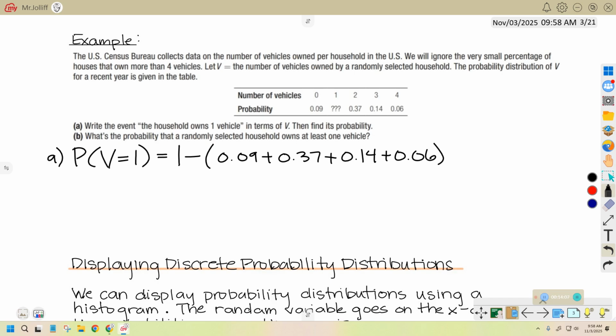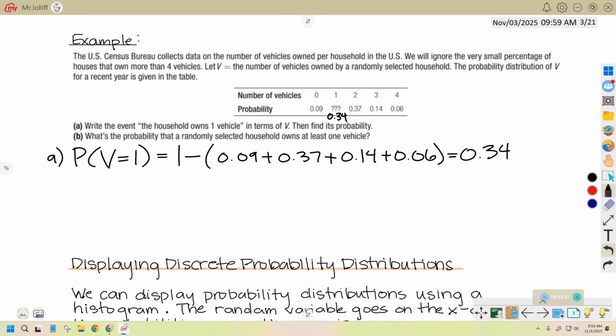If you don't use parentheses, the calculator will do it wrong. Parentheses are your friend. When I do it, I get 0.34. So I can go back up here. I know this is 0.34. Nice, pretty complete probability table.